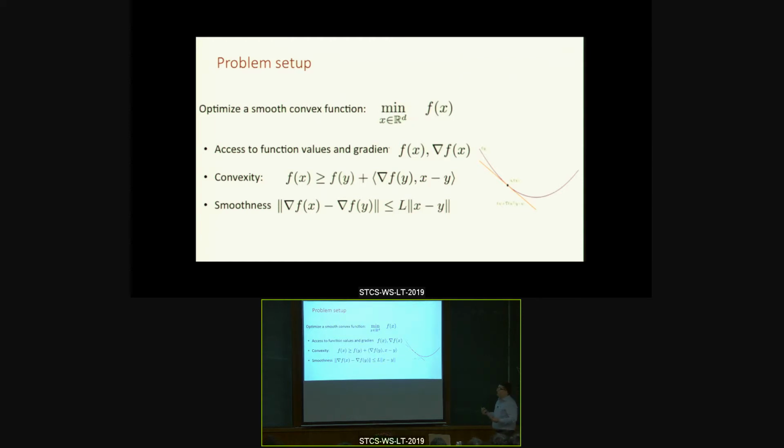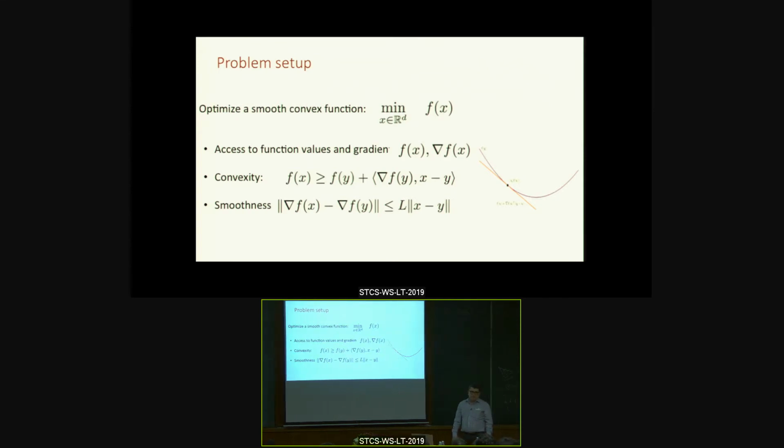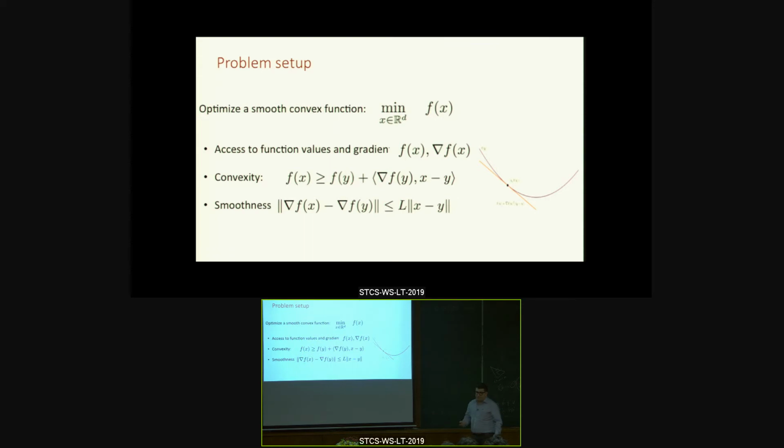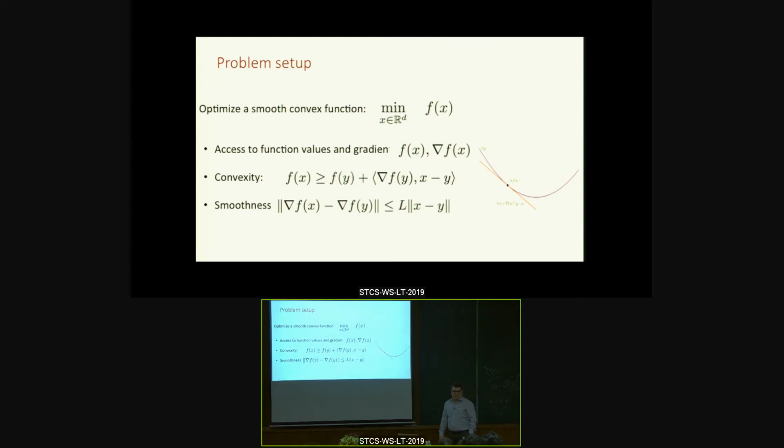So based on local information, you learn something globally about the function. The first part of the talk is going to be about optimizing functions that are convex, and I'm going to comment on non-convex a little bit as well, with the property that the gradient is Lipschitz smooth. This is the standard setting that has been studied for years and years.